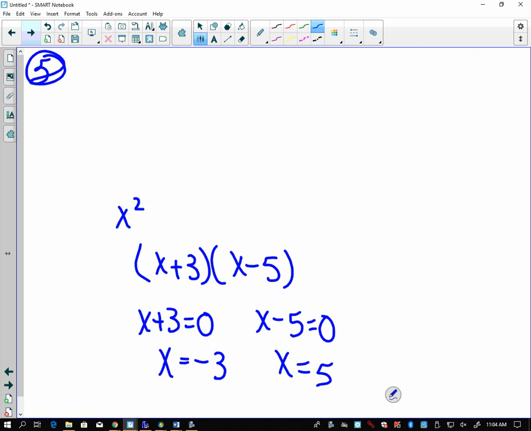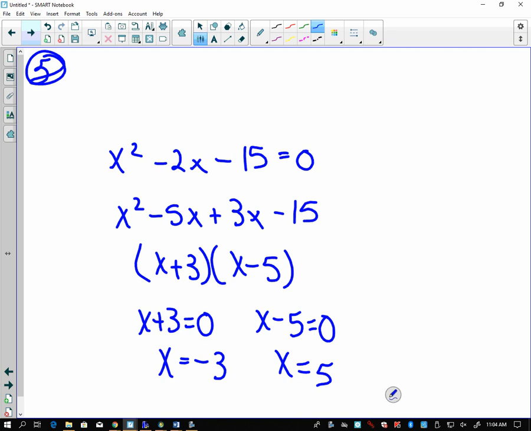X times negative 5 is negative 5x. 3 times x is positive 3x. And 3 times negative 5 is negative 15. I'm going to go ahead and combine like terms. So I get x squared minus 2x minus 15. We can write that as equals 0. And this is question 5. Question 5 needs to be shown exactly like this.